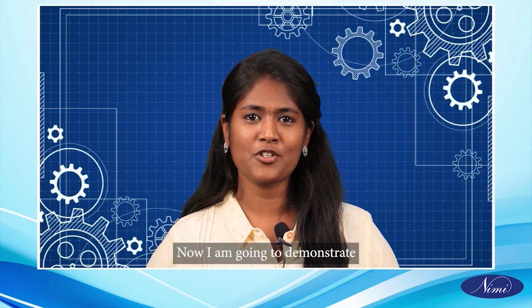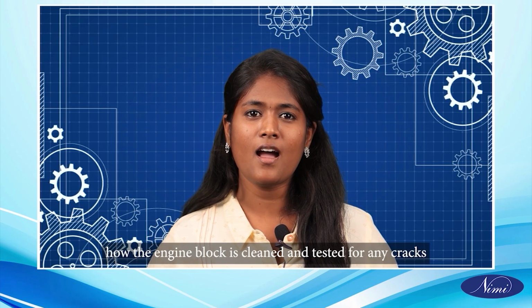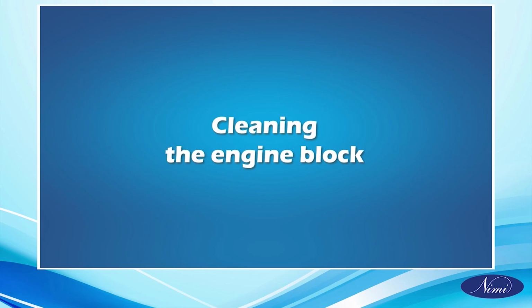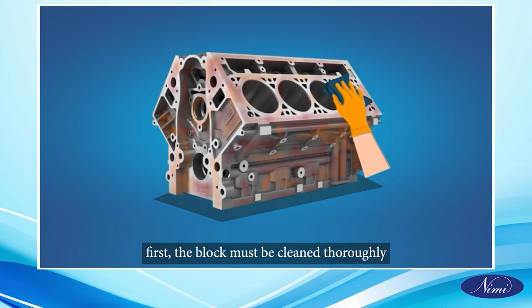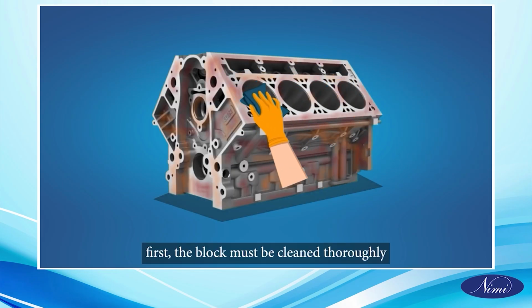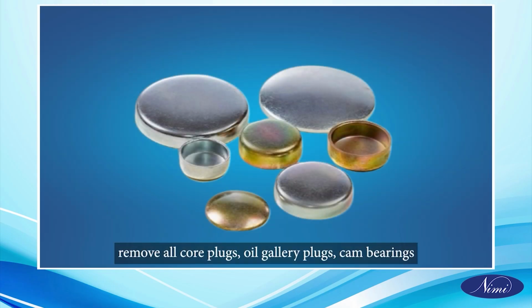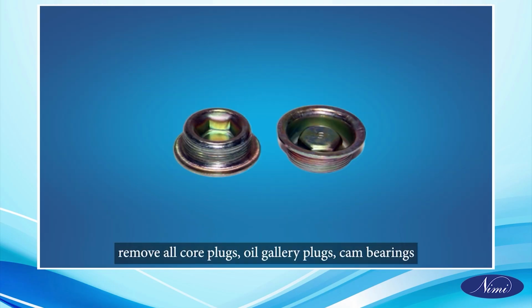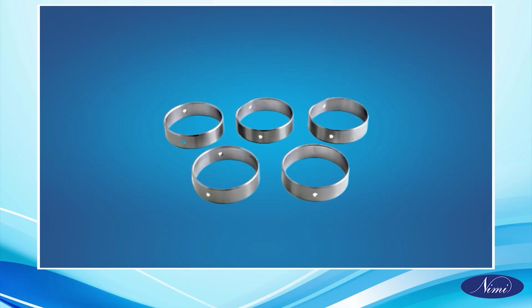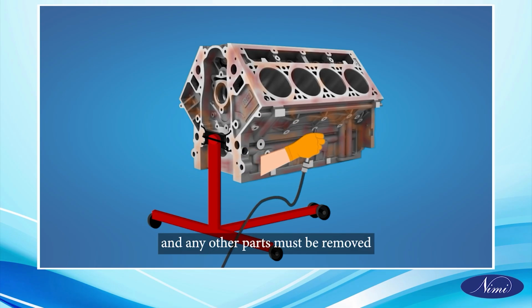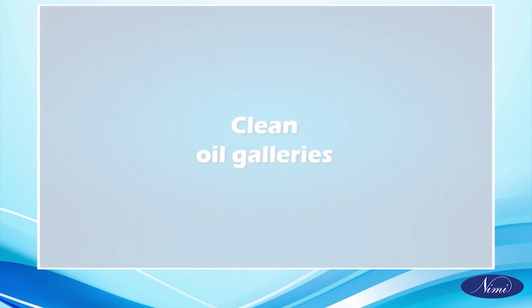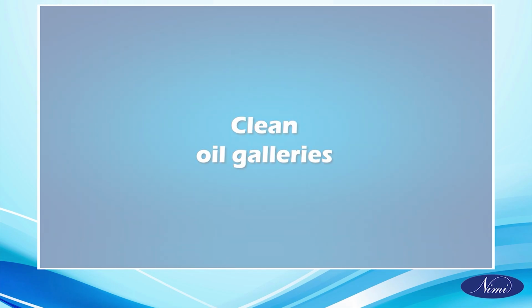Now I am going to demonstrate how the engine block is cleaned and tested for any cracks. Cleaning the engine block. First, the block must be cleaned thoroughly. Remove all core plugs, oil gallery plugs, cam bearings, and any other parts. Clean oil galleries.